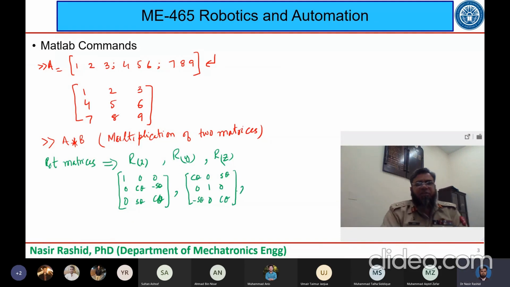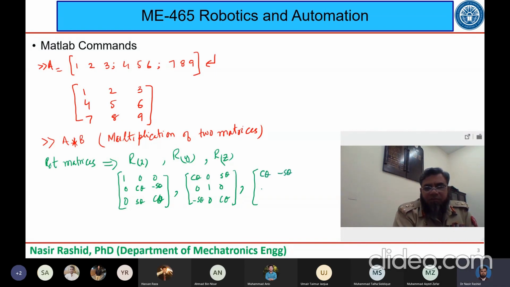I write these matrices in front of you again and again so that you memorize them by heart. The moment you look at rotation about y, you exactly know what it is. Okay? I repeat this again and again so that it becomes part of your habit. If I talk about z, can somebody tell me about z? Cos theta, minus sin theta, 0.